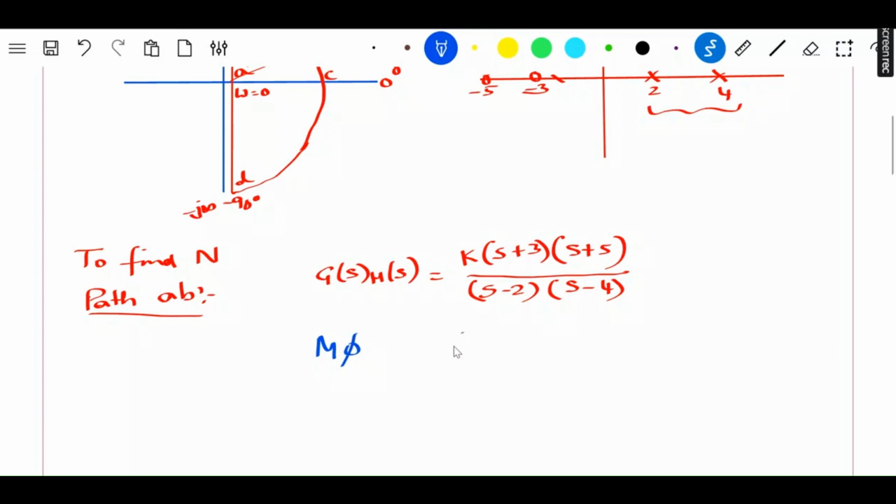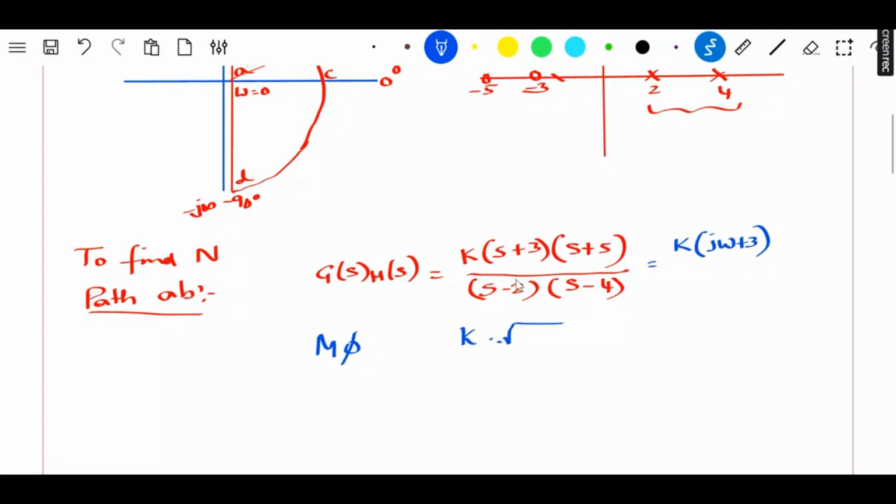Magnitude of K is K, angle of K is 0 degree. Now we need to substitute S equals j omega.